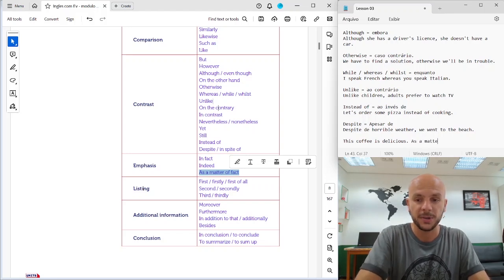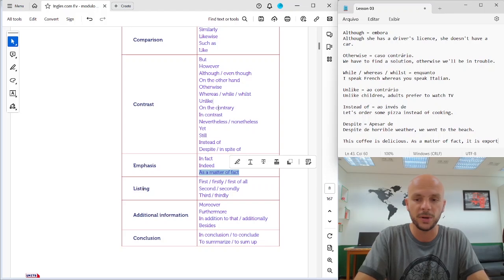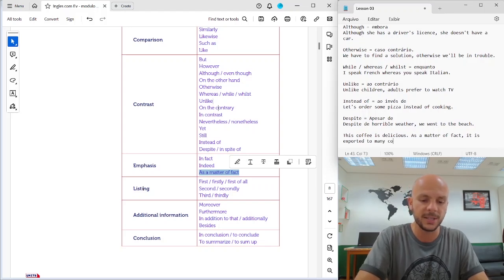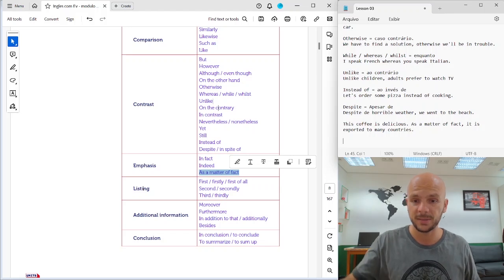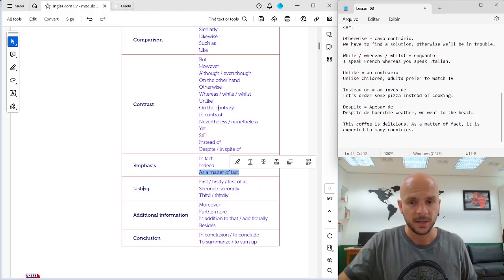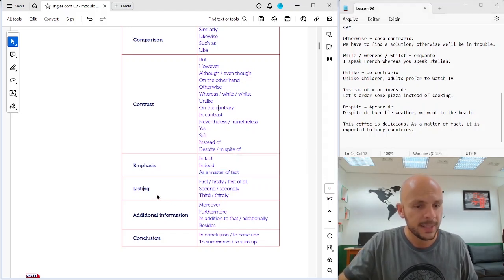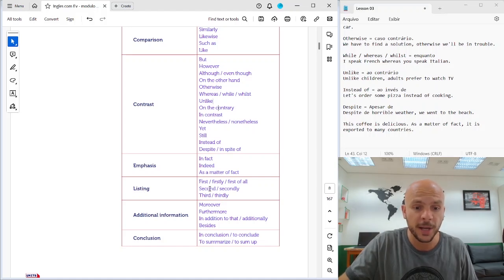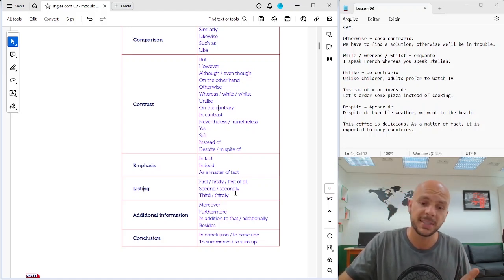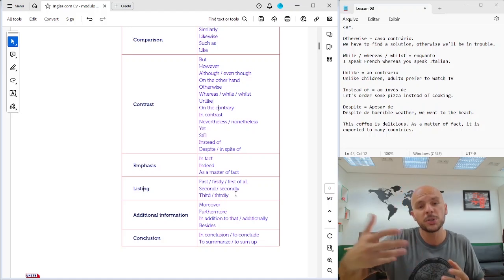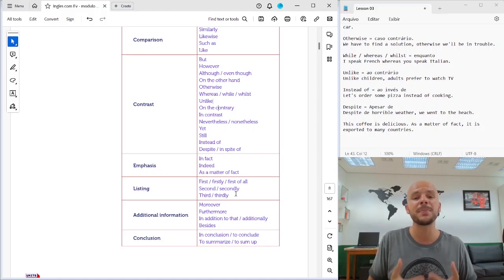As a matter of fact, it is exported to many countries. Listing. Very easy to use these connectors. Firstly, secondly, when you're going to list ideas, when you're going to give many examples.